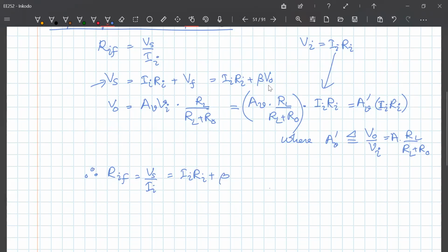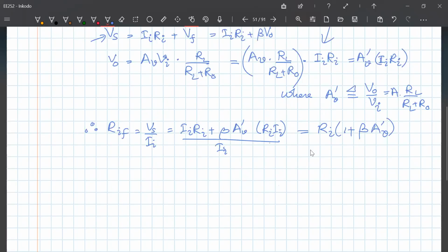V out is equal to, from this expression I can write, Av dash Ri Ii, divided by this Ii here, so that this simplifies to Ri times 1 plus beta Av dash. Okay, this is basically what you will end up with.